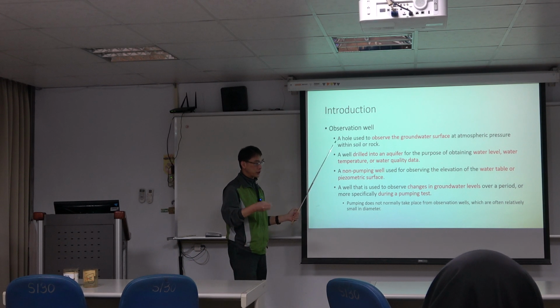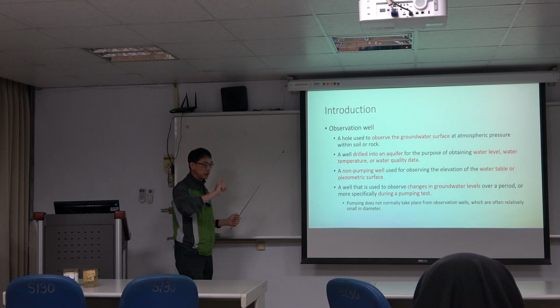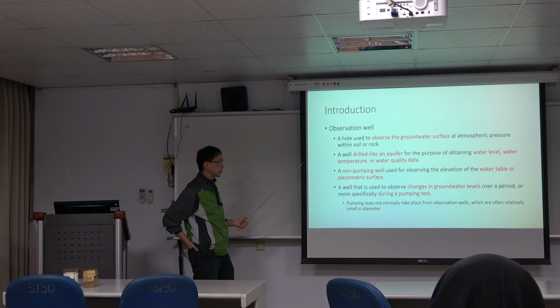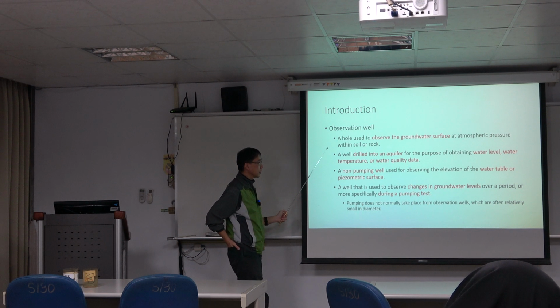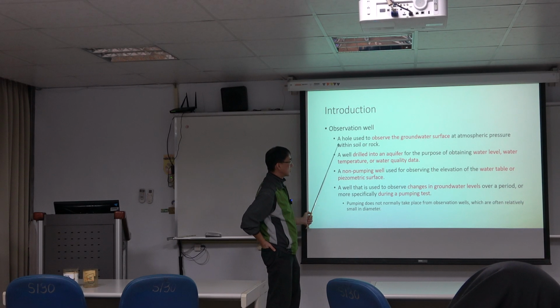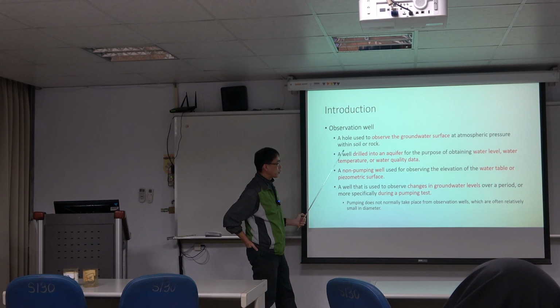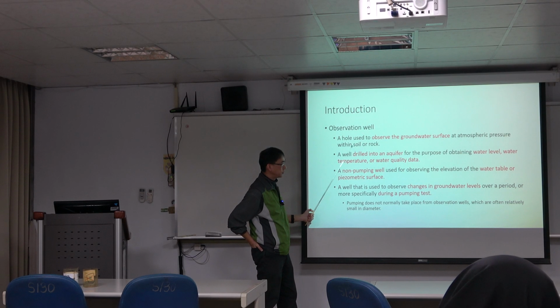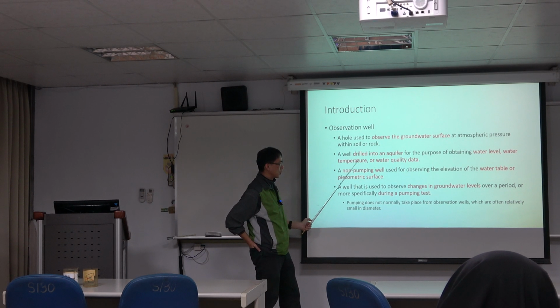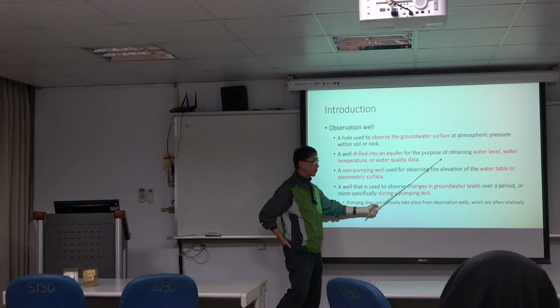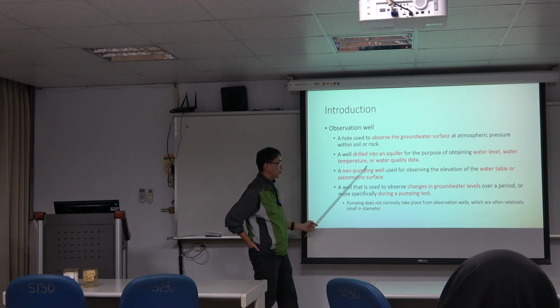They try to put in observation wells. The company set two different depths in one hole. An observation well is a hole used to observe the water surface at atmospheric pressure within soil or rock. Wells are drilled into aquifers to obtain water levels, water temperatures, or water quality data.